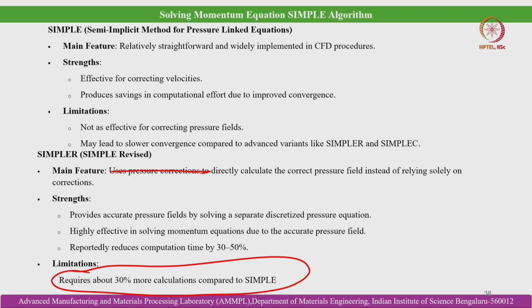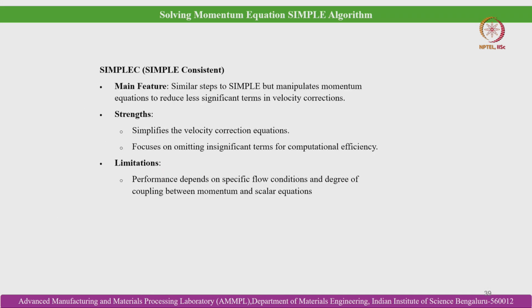And then going to the simplex algorithm. Simplex is simple consistent. The main feature is similar steps to the simple algorithm, but it manipulates momentum equations to reduce less significant terms in velocity corrections. Strength: it simplifies the velocity correction equations and focuses on omitting insignificant terms for computational efficiency. Limitation: performance depends on specific flow conditions and the degree of coupling between momentum and scalar equations.